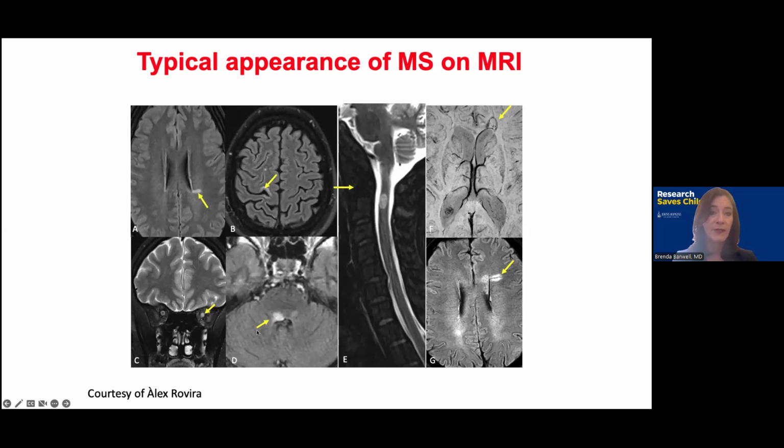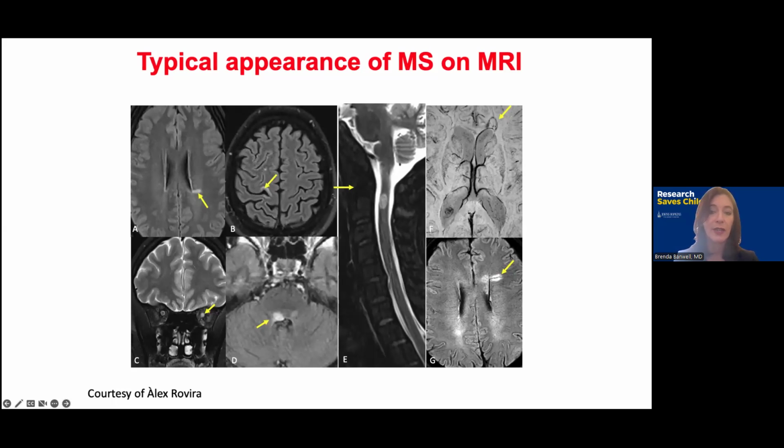In E, we see a focal lesion in the spinal cord, which also counts toward the infratentorial and spinal cord distribution. And then finally, in F and G, these are special sequences that are now recommended, particularly to help make the diagnosis of multiple sclerosis by illustrating particular appearances that tell us more about the biology of the disease.